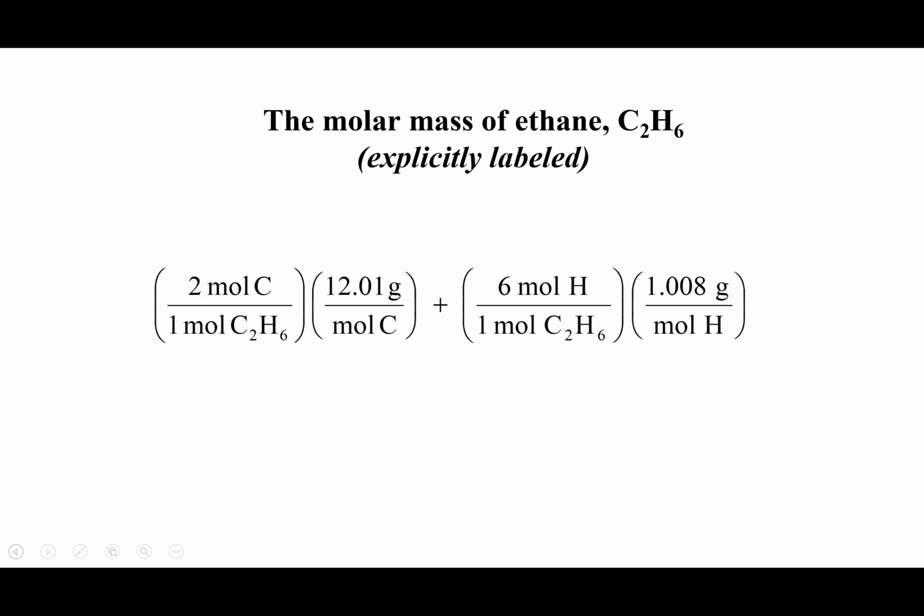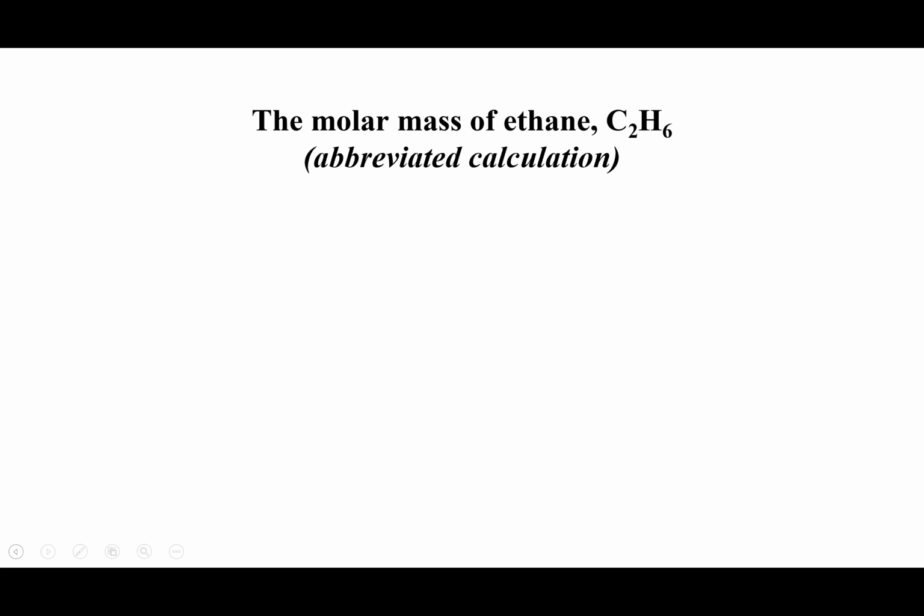The decimal number for hydrogen is 1.008, the molar mass for hydrogen, grams of hydrogen per 1 mole of hydrogen. We knock that out on our calculator, and it's 30.07. Units for molar mass for a compound like this, or for anything, is grams per mole. If this was the only thing of interest in my problem, I probably wouldn't even be as explicit as to say C2H6. I would just say it's 30.07 grams per mole.